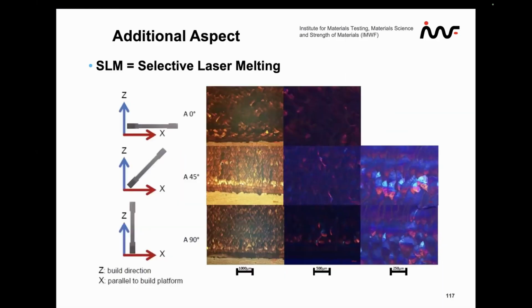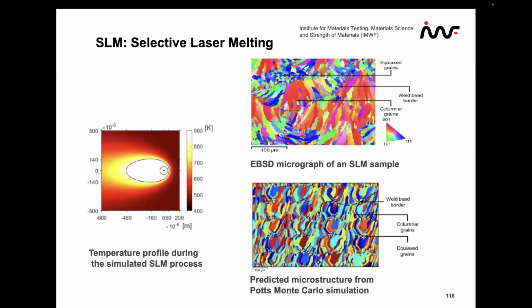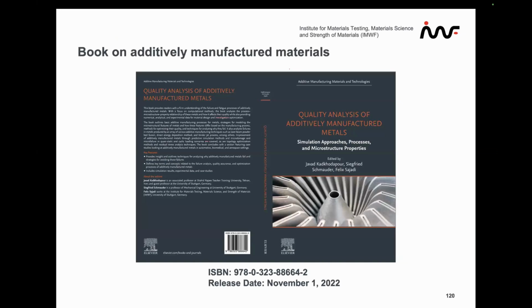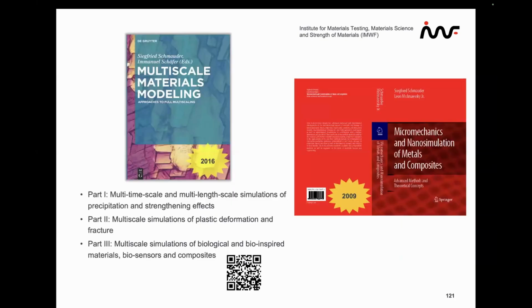We are now at the moment going into different aspects of selective laser melting and artificially manufactured materials, simulating the microstructures which evolve, and then applying multiscale materials aspects as shown before. Just part of it is published here in this new book with Javad Katkodabur and Felix Dayadi, and the multiscale materials modeling and micromechanical aspects are published here in these two books.